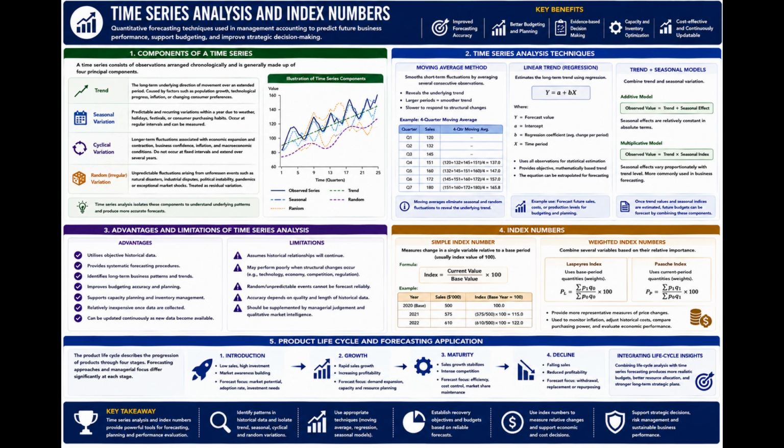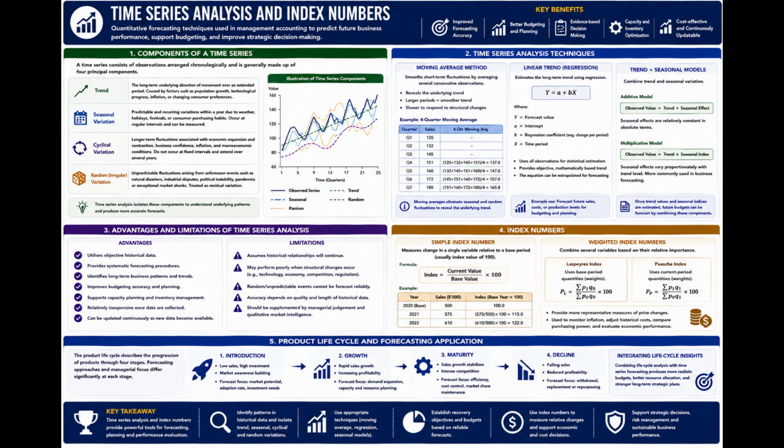It assumes that relationships remain linear and stable over time, whereas actual business environments may change because of technology, capacity constraints, or market conditions.